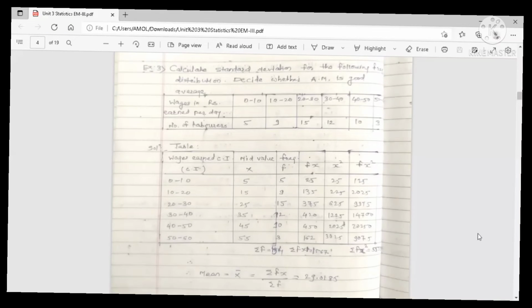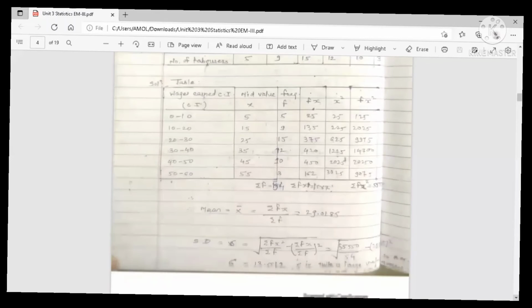Now you construct the table to find the arithmetic mean and standard deviation. So here, the first column, wages earned in the form of class interval. It is given here 0 to 10, 10 to 20, up to 50 to 60. Now, second column, you take the mid value of this class interval. Means for 0 to 10, the mid value is 5.